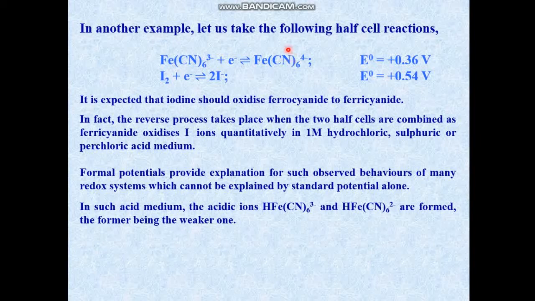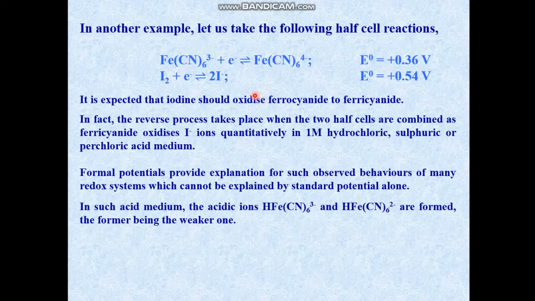So ferrocyanide is a soft base, that is, a stronger base, whereas ferricyanide is a comparatively hard base, so it is a weak base. Since ferrocyanide is more negative, it has a more negative ambience around it with the cyanide ligands, so it has more tendency to get protonated than the ferricyanide ions.